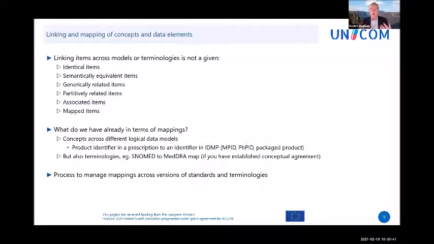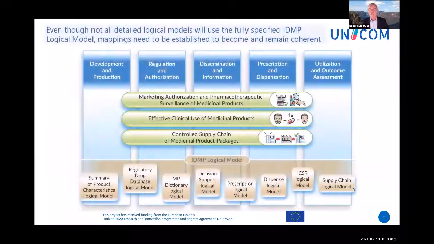So these are just some first ideas on the requirements for an IDMP logical model. I'd like to go back to the illustration that I showed you to really go back to understanding what this is about. We have this full landscape, and across the landscape, we like to make sure that whenever necessary, we talk about the same identifiers, the same identifying data elements, and the relationships they have with each other.